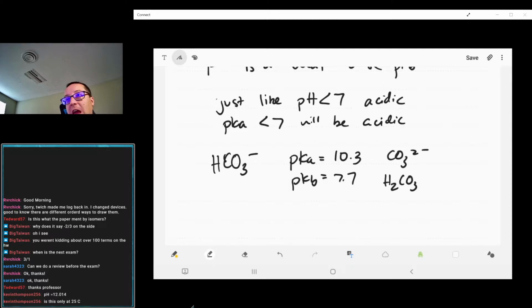If we're looking at bicarbonate, just looking at it here, do we expect bicarbonate to be more likely to act as an acid or as a base? Let's write that down.